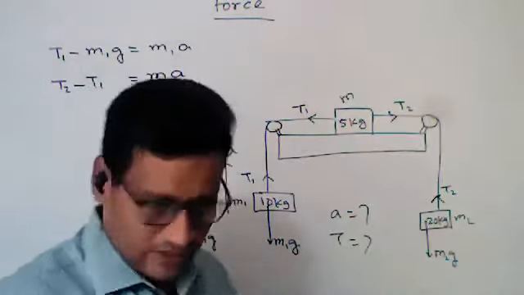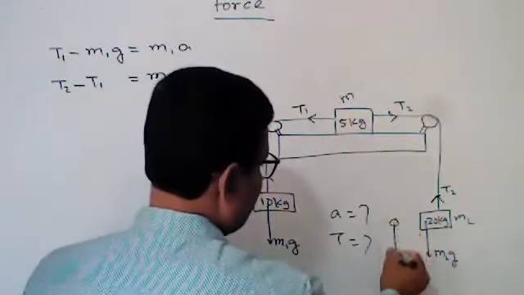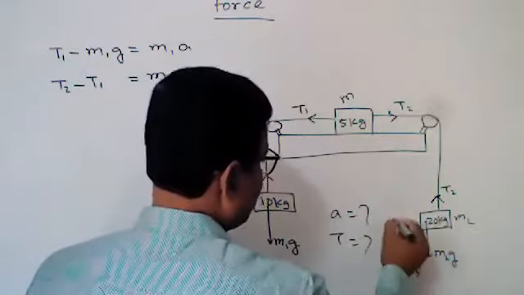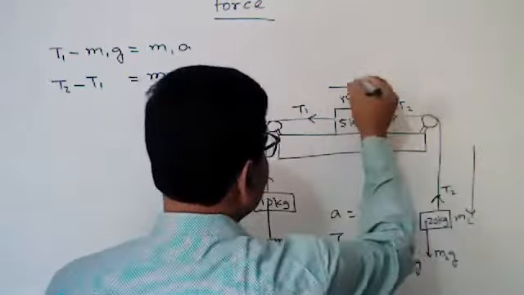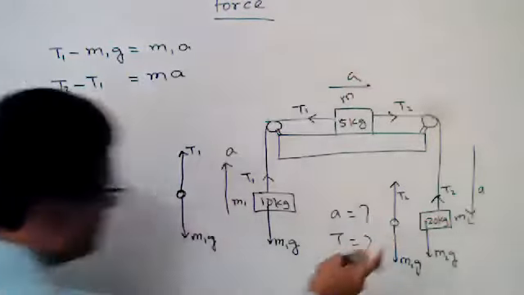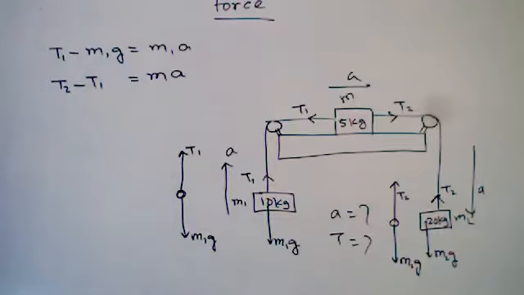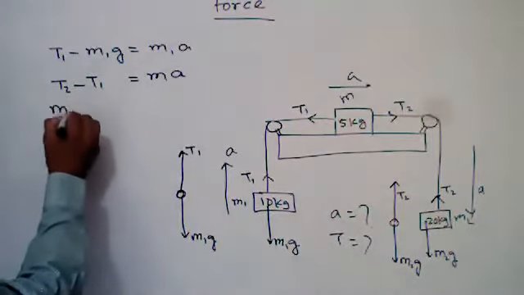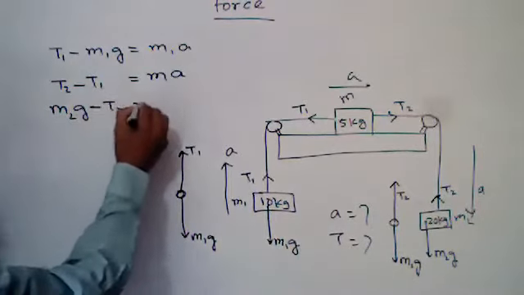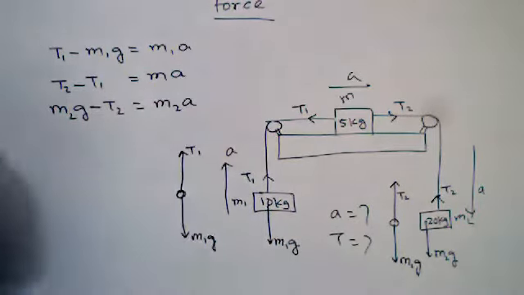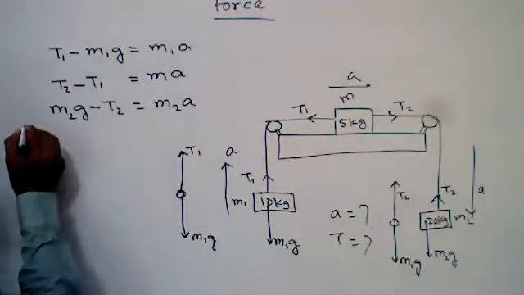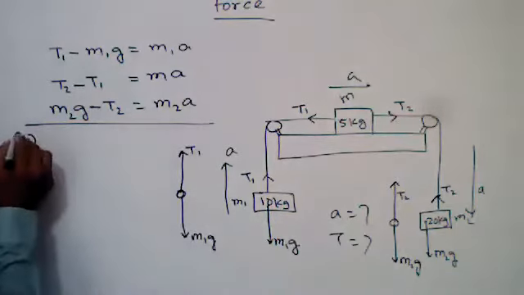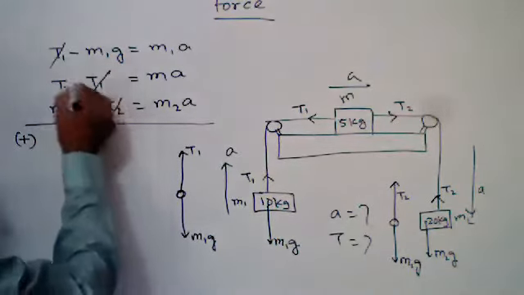Now for this, we consider this is the mass, the weight in this direction and tension T2 in this direction. The object moves downward, so M2G is greater than T2. So M2G minus T2 equals M2A. Now adding the equations, T1 and T2 cancel out.